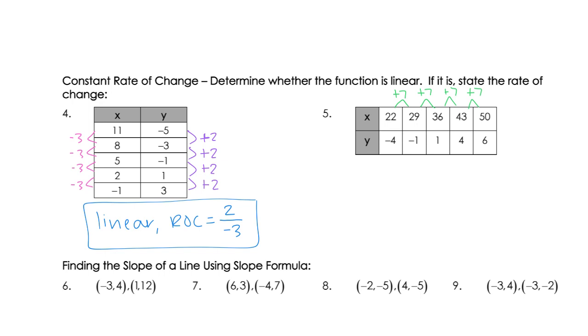So then if I look at the y values here, negative 4 to negative 1 would be an increase of 3, negative 1 to 1 would be an increase of 2, and automatically I can say that this is not linear because it doesn't increase by the same number over and over and over again. Because of this 3 and this 2 right here, because all of these 7s were all 7s. So then that means all of the y values should also increase by the same number. It doesn't have to be 7, but it has to be all 3s, all 2s, whatever it's going to be.